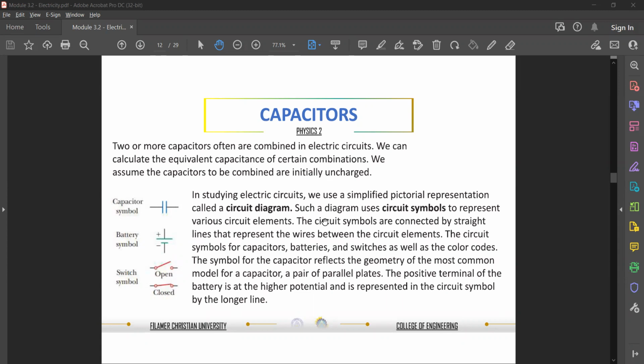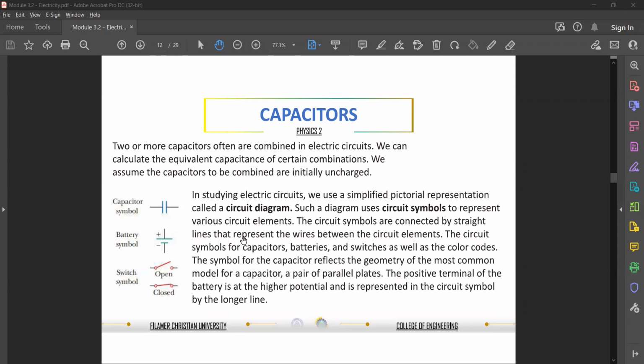In studying electric circuits, we use a simplified pictorial presentation, what we call a circuit diagram. Such a diagram uses circuit symbols to represent various circuit elements, and the symbols are connected by straight lines that represent the wires between the circuit elements.